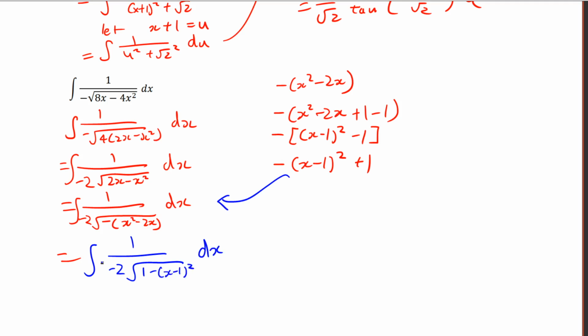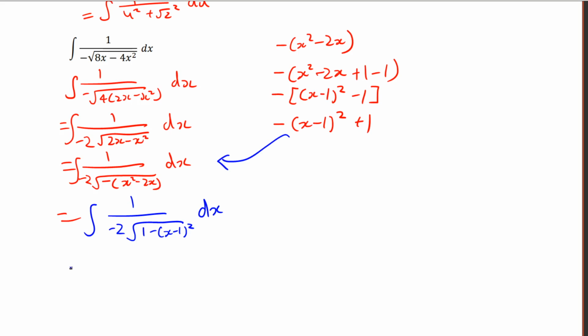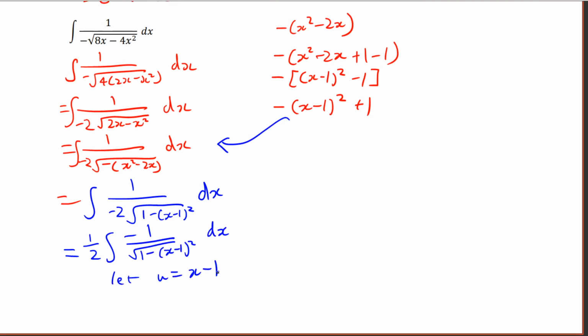I'll take out this 2, so I'll write it like half square root minus 1 on root 1 minus x minus 1 squared. And if I let u equal x minus 1, it'll soon be in the form for inverse cos or inverse sine, right? So I go here, I'll have half negative 1 on square root 1 minus u squared du.